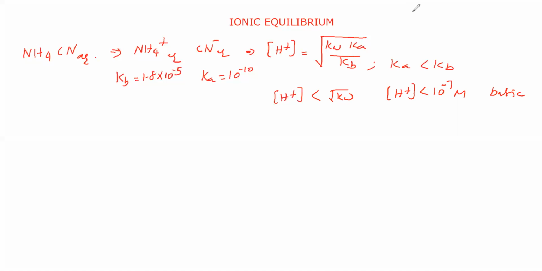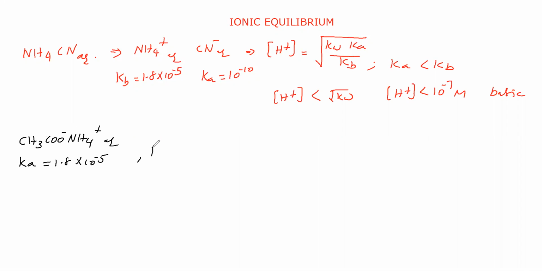Next we will take ammonium acetate. Ammonium acetate salt solution we will take. In this, acetate ion is from the weak acid acetic acid that undergoes hydrolysis. That Ka is 1.8 into 10 to the power of minus 5. So Kb value we know, ammonium we know.